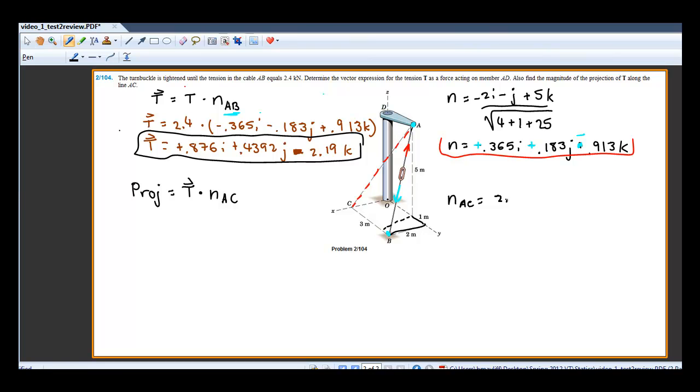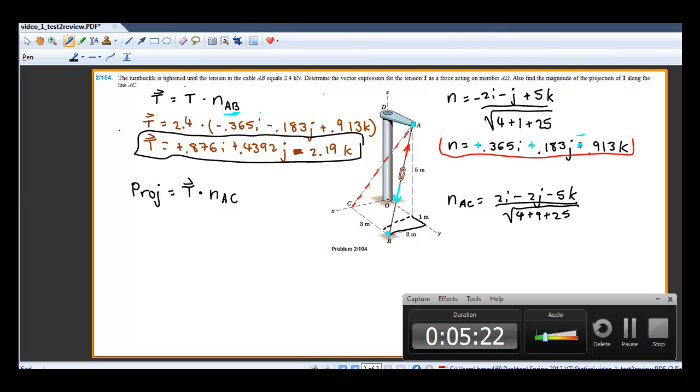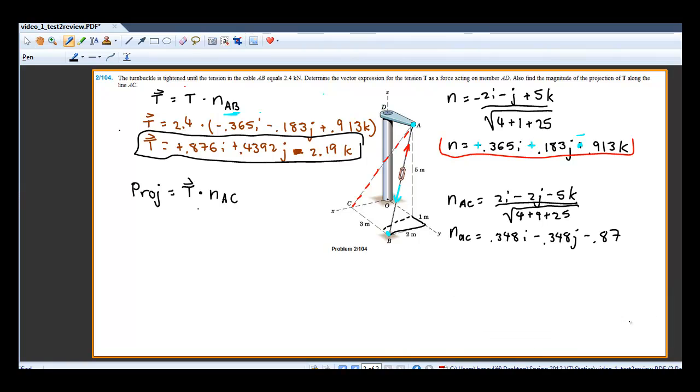It will be 2i minus 2j minus 5k, all over the square root of 4 plus 4 plus 25. I'll quickly compute that out, and that's what we have for the unit vector from A to C.